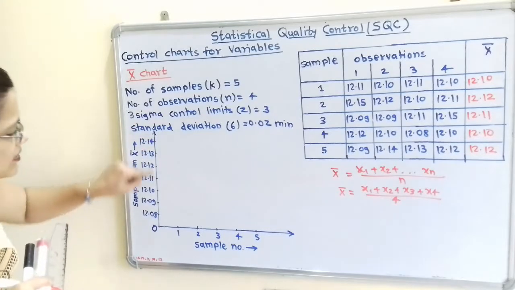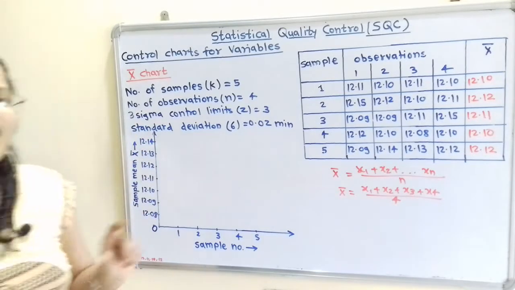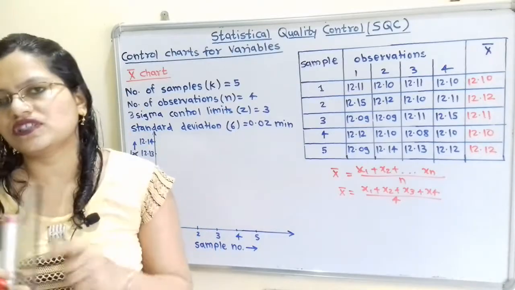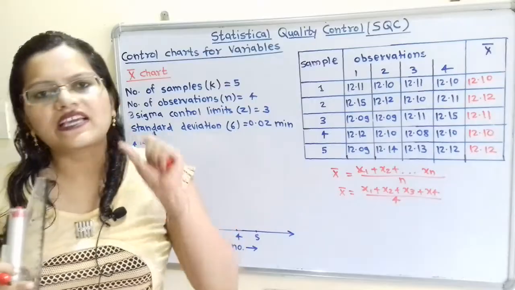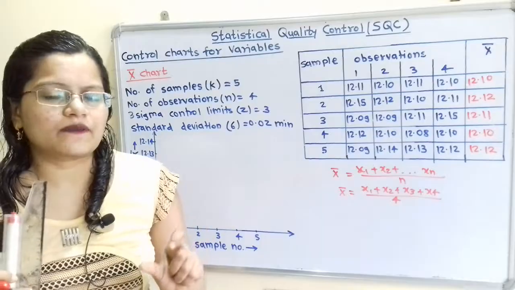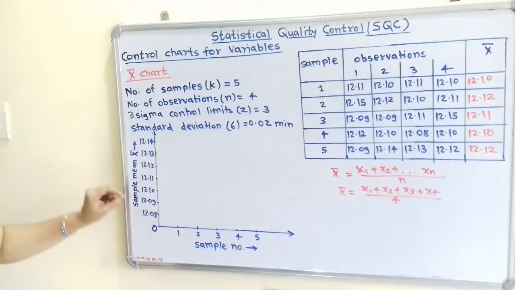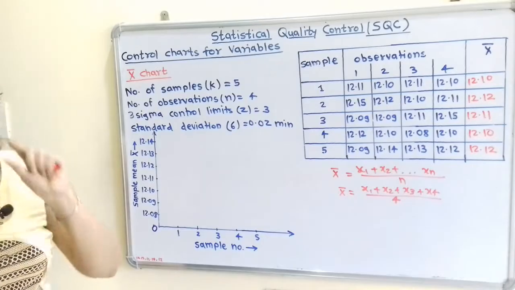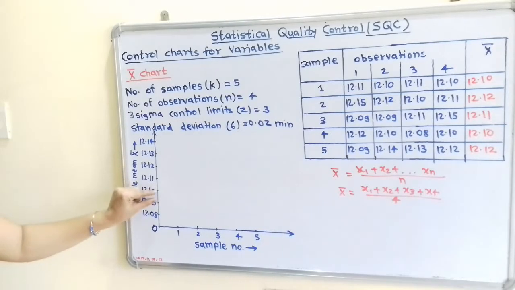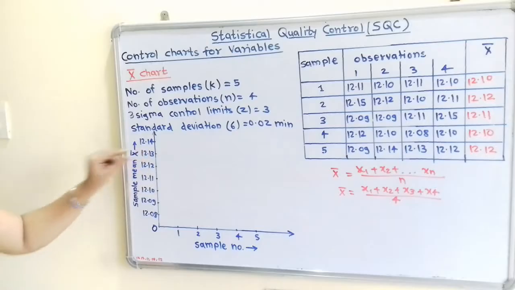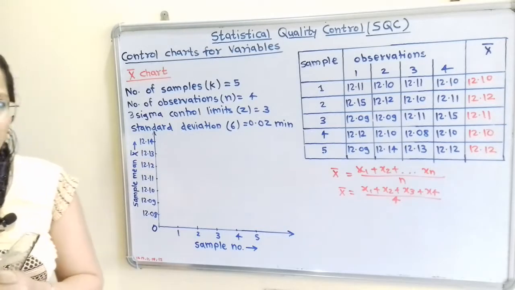To plot these numbers we take equal distance, that is 1 centimeter, or 2 centimeter as per the space available. The important thing is that we have to keep this equal distance.